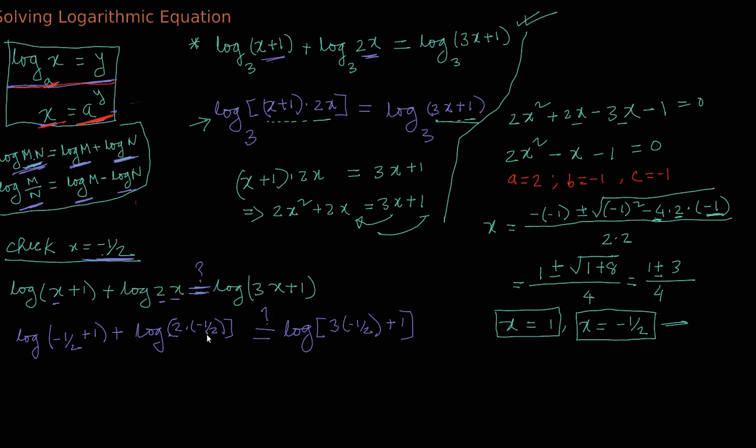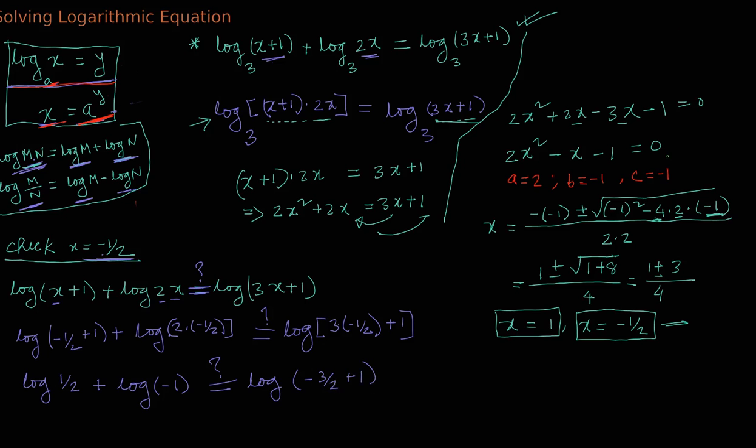So I get log of negative half plus 1, which is positive half, plus log of negative 1, and on the right, log of minus 3 over 2 plus 1.